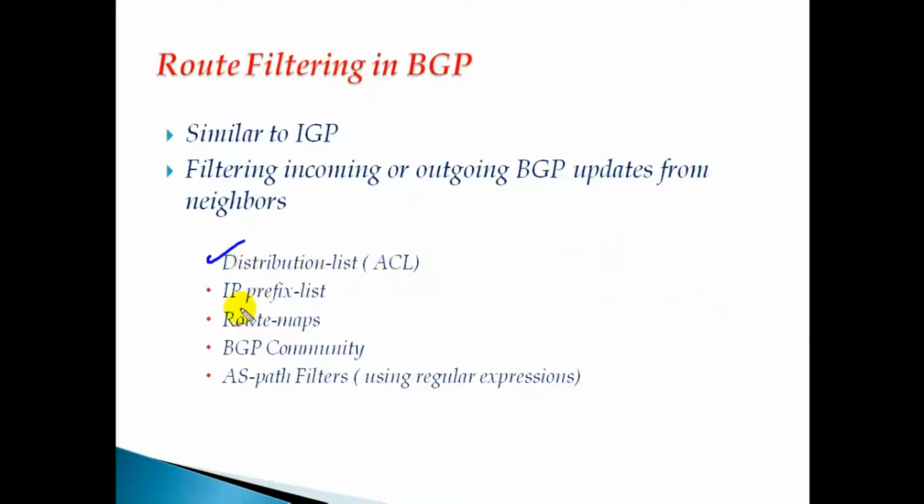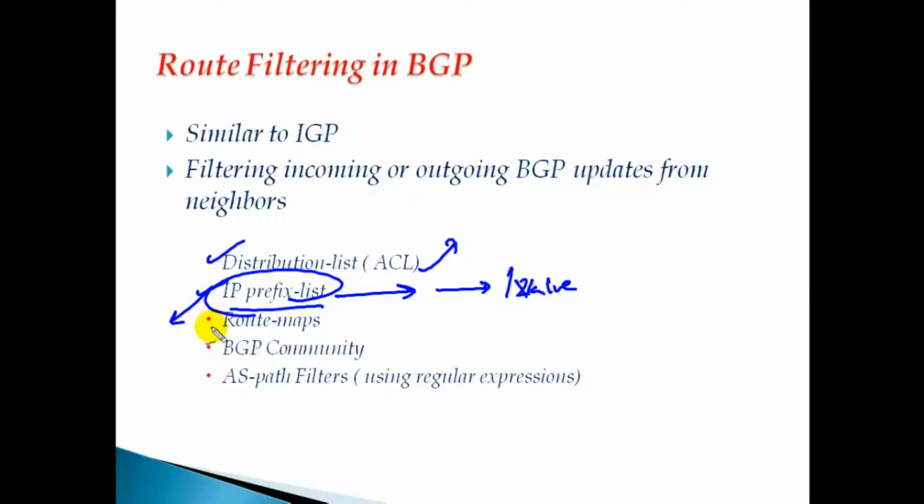Similarly, instead of ACLs you can use a prefix list with the distribution list. Prefix lists are a more efficient way of filtering routes, because they can match networks based on the slash value. That is one advantage of prefix lists over ACLs. Individual entries in a prefix list can also be easily edited or deleted.